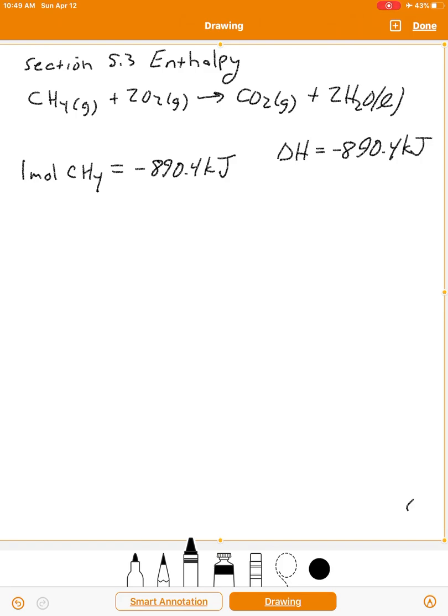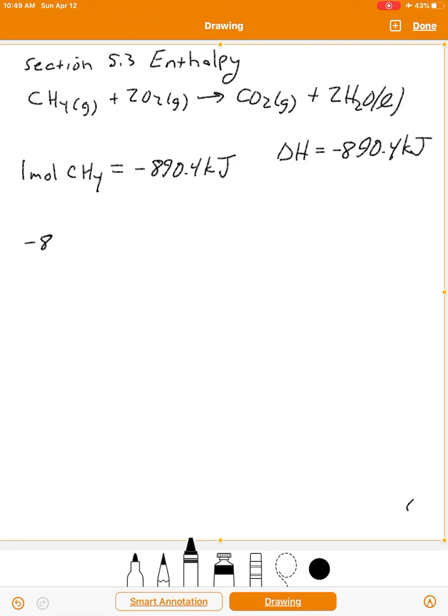So think about it this way. Imagine you have a little package of food. You would say, hey, you've got this little package of cookies that has 100 calories in it. 1 package of cookies equals 100 calories. That's essentially what we're saying here. 1 mole of methane, the assumption is that we're combusting it in oxygen, equals negative 890.4 kilojoules of energy. So I could write this in 2 different ways.